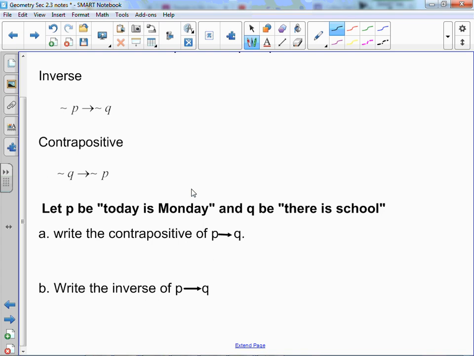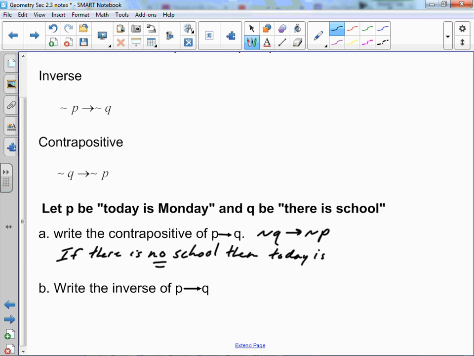So we want to write the contrapositive of if P then Q. Contrapositive being if not Q, then not P. So we're going to take the Q. So if there is, and we got to put a negation in there, no school, negation right there, then today is, and we got to put another negation in there, not Monday.